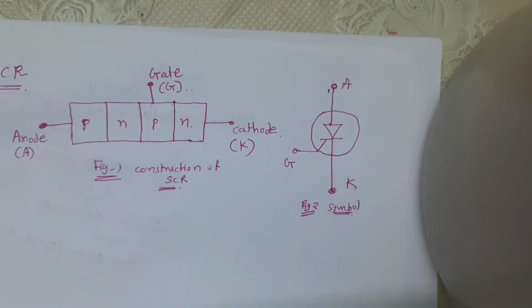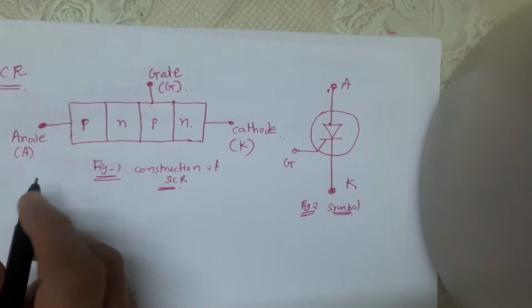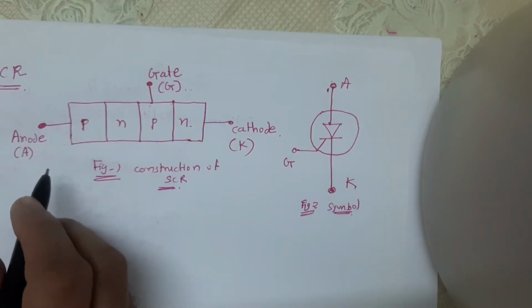Now, a silicon controlled rectifier is a semiconductor device that acts as a true electronic switch. Why is it known as silicon controlled, and why not germanium controlled rectifier? This is an objective question.